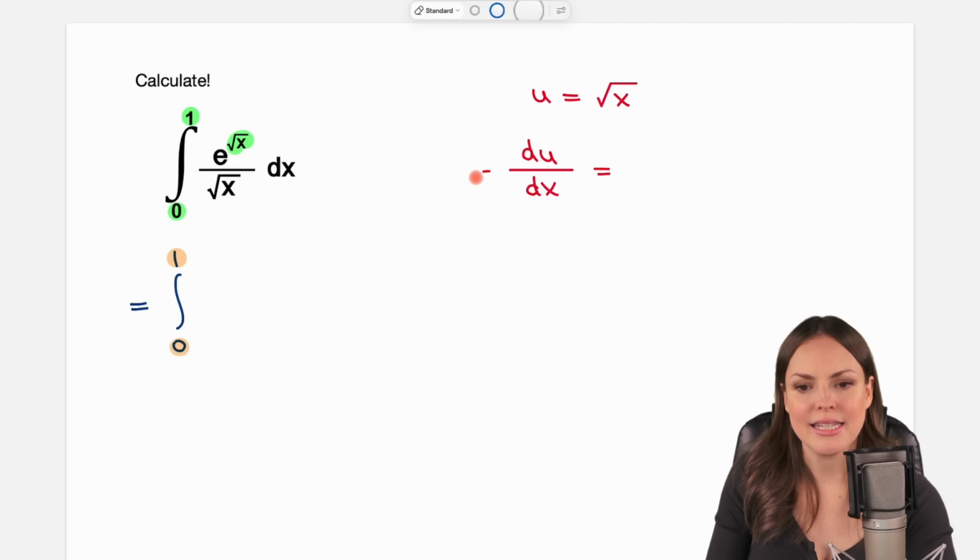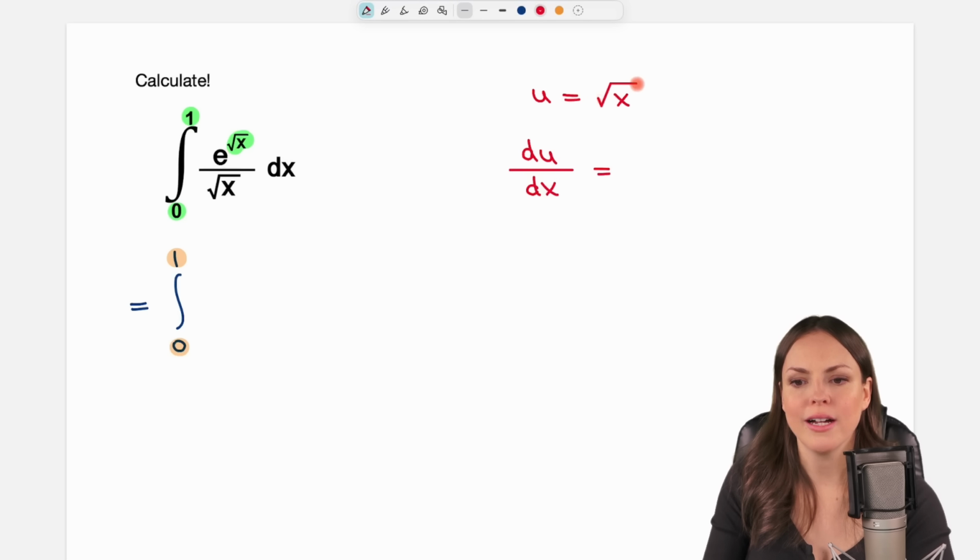We want to find the derivative of the square root of x. This derivative is really worth knowing by heart. If you want to differentiate the square root of x, you can just say it's 1 over 2 times the square root of x.